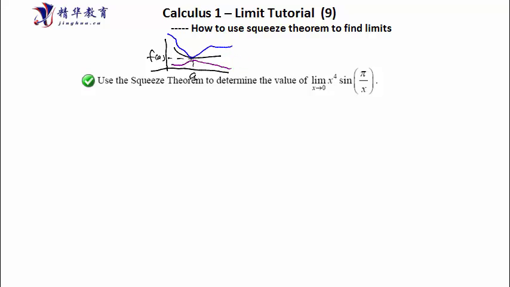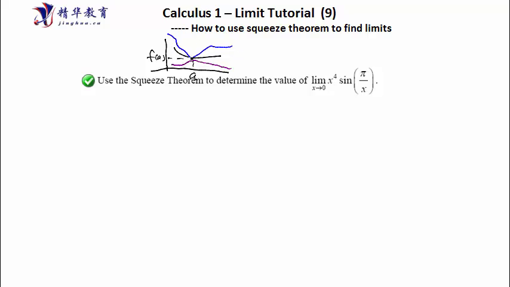Then I prove this purple function and these blue functions are both approaching f(a) when x approaches a. That means your function is in between these two functions.